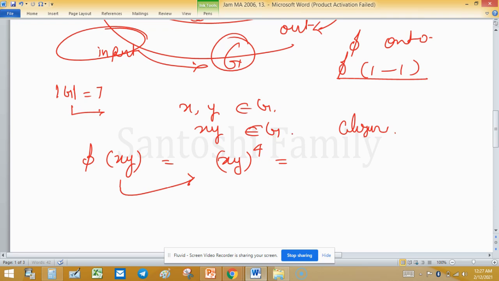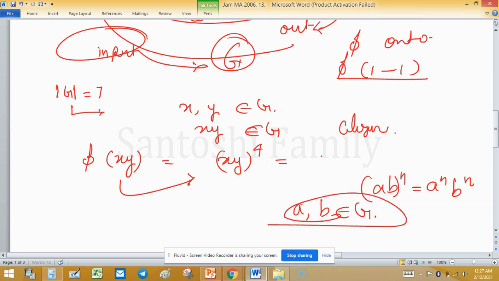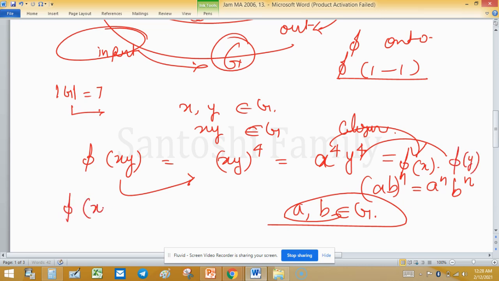Because G is abelian, (ab) raised to the power n can be written as a raised to the power n, b raised to the power n, when a, b are elements of G. So it can be written as x raised to the power 4, y raised to the power 4, which means phi(x) into phi(y). That is, phi(xy) can be written as phi(x) phi(y).